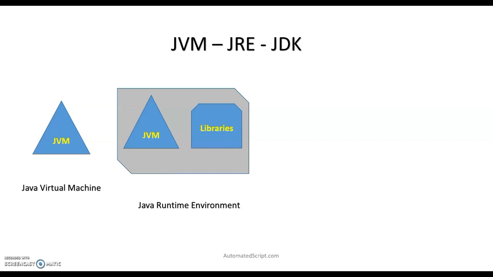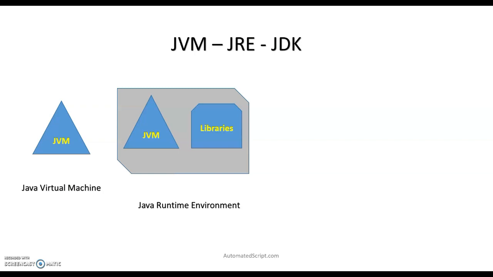It consists of the Java virtual machine, core classes and supporting files. If you look at the diagram, JRE holds JVM plus libraries. JRE is an installation package which provides the environment to only run the Java program. I am repeating again, it is used to only run the Java program on your machine.